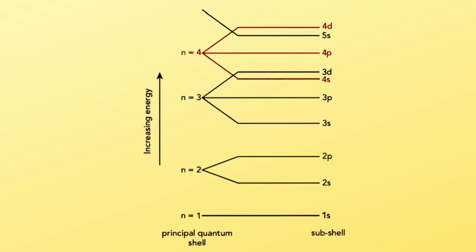You can see here the increasing energy levels. Quantum shell 1 has only one subshell, which is 1s. Quantum shell 2 has 2 subshells, 2s and 2p. Then 3 subshells, 3s, 3p, 3d.